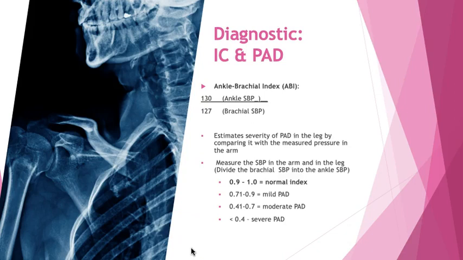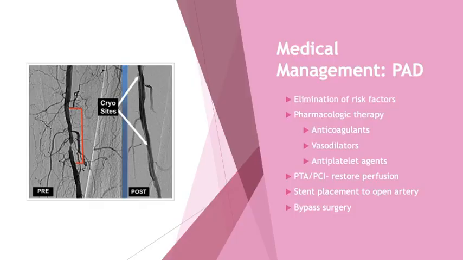The index is going to let you know the severity of the PAD or decrease in flow based on those blood pressure numbers. So you'll be asked to do this as a nurse, and you'll need to know what the significance is, and they'll ask you to notify them. And typically when it's moderate to severe, these patients need some type of intervention.